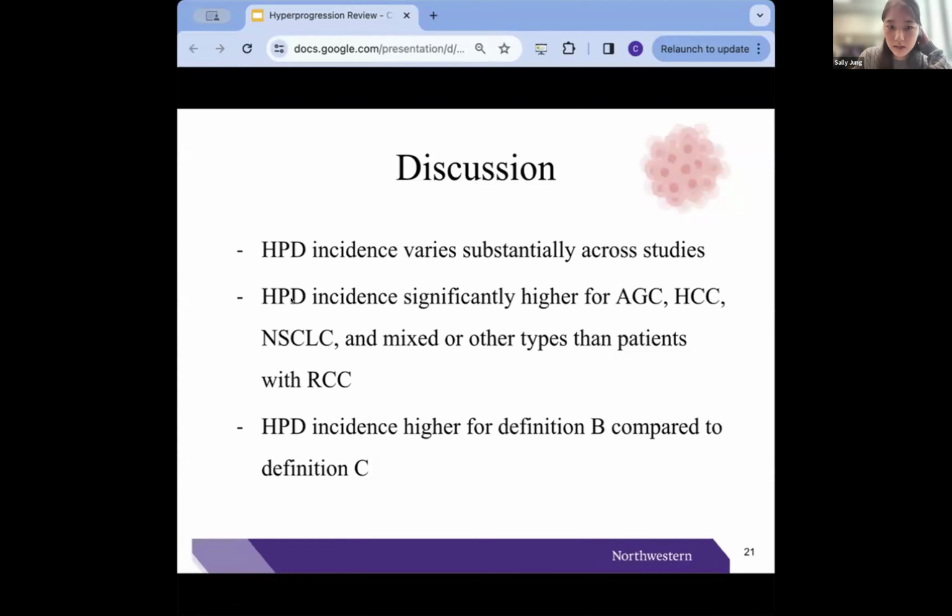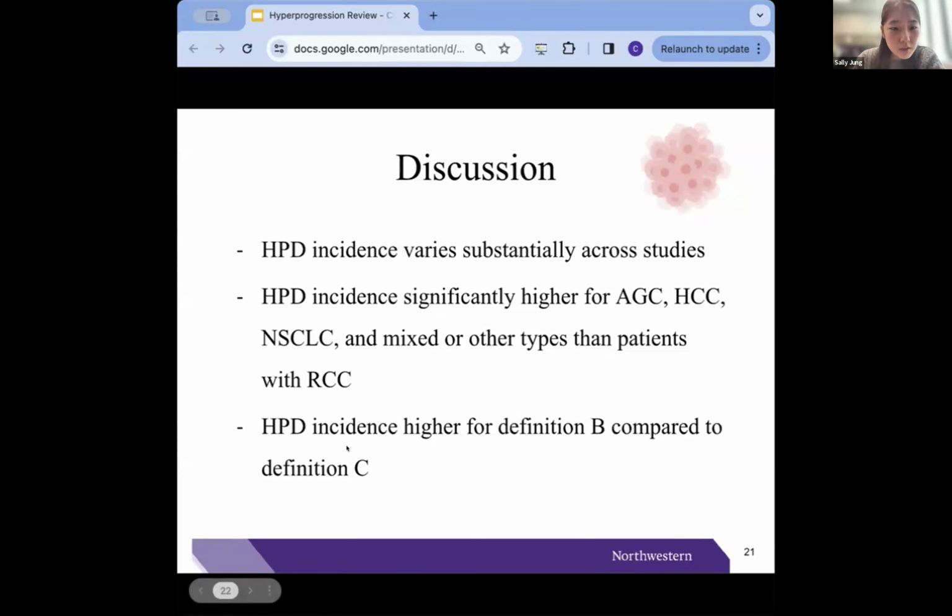Specifically, the odds of experiencing HPD were significantly higher in AGC, HCC, non-small cell lung cancer, and mixed or other type when compared to RCC, renal carcinoma, and HPD incidence was also higher for definition B compared to definition C.